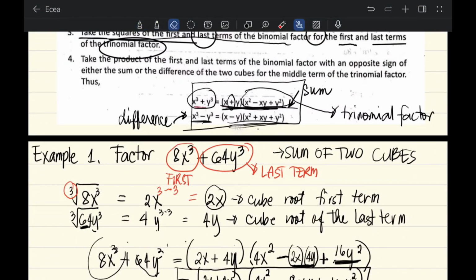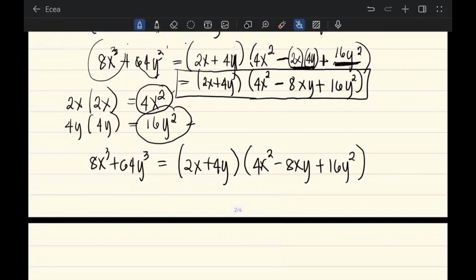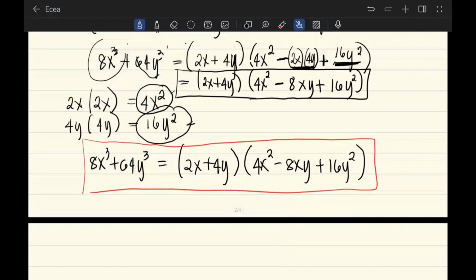Now, let's clean this area para maklaro ang signs. Okay. Now, let's go back. Let's have this in red para maklaro na this is our final answer.